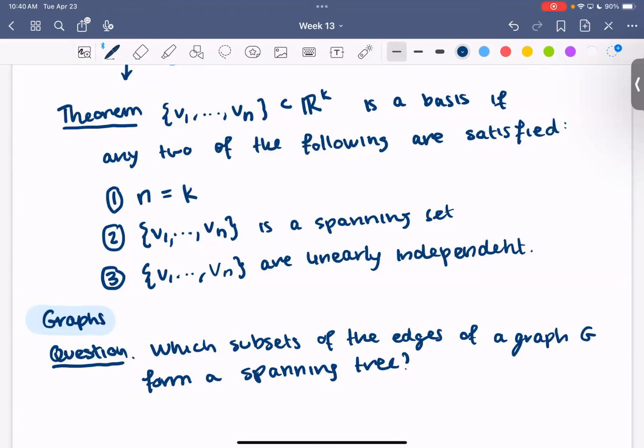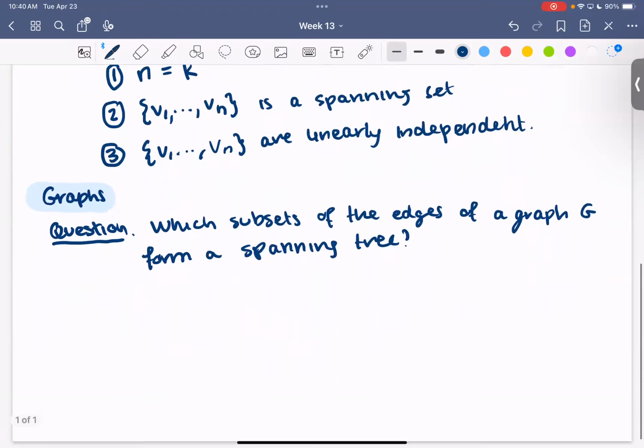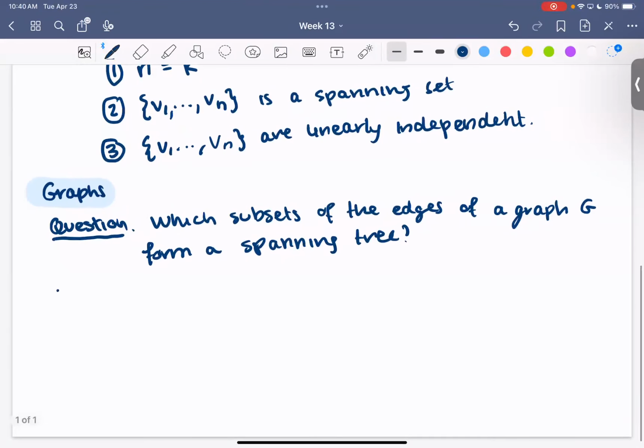We proved back when we were talking about spanning trees the following theorem.